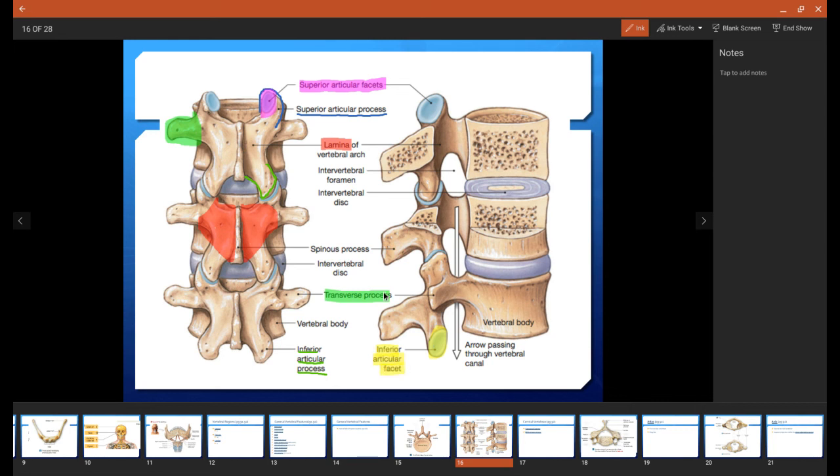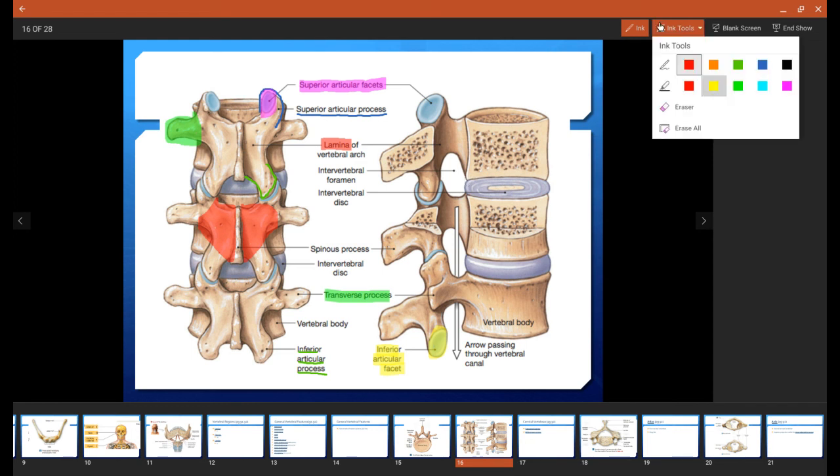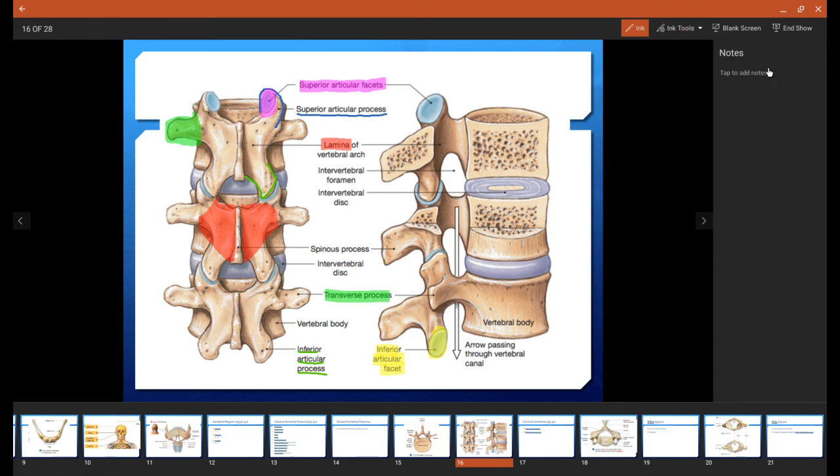And we can also see the structures when these vertebrae come together. And so when they come together, our intervertebral disc, this is that fibrocartilage that acts as a shock absorber between the two vertebrae, specifically their vertebral bodies. And then we can also see the difference between this foramen. We'll go back and look at the other one from the other view.